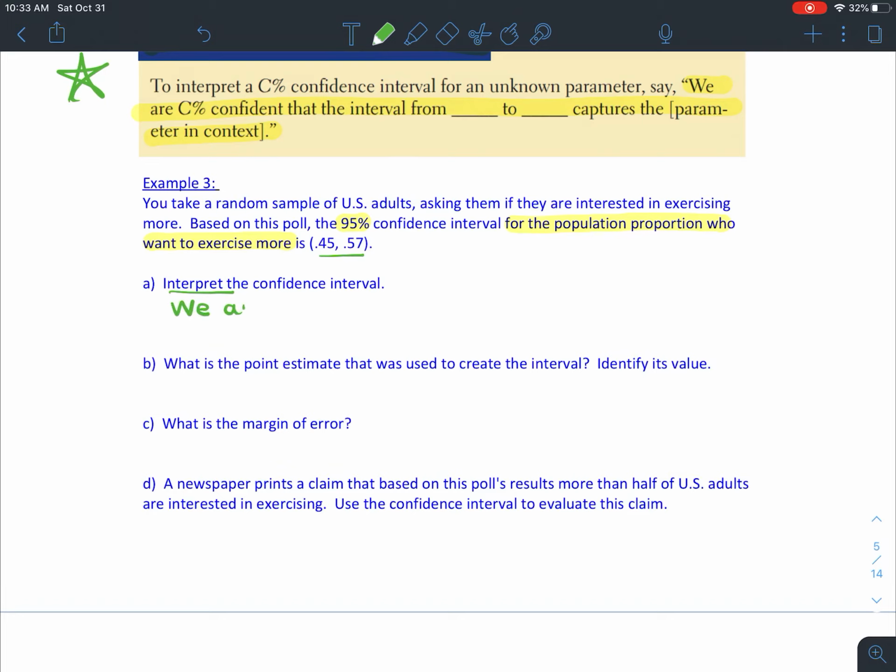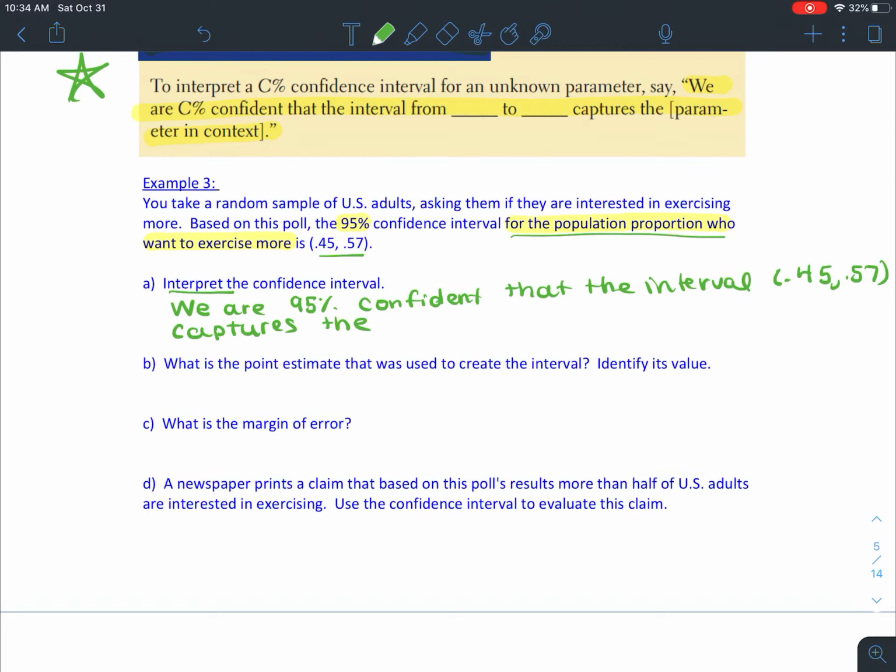So we're going to say we are 95% confident that the interval, and then we state what that interval is, from 0.45 to 0.57, captures the, and now here's where I'm putting the context, and you can see I highlighted it right here.